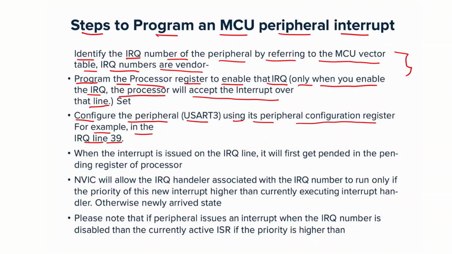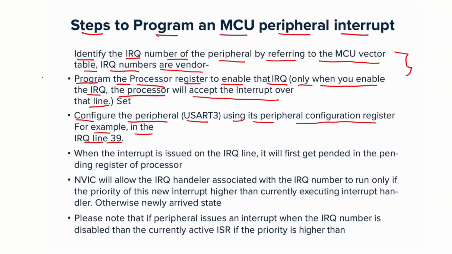We will simply manually trigger one interrupt from the UART3 by pending the bit at the NVIC register. I will show you that in the program, then you will get a clear idea. Simply remember, you are not going to configure any UART3 configuration register, you are manually triggering an interrupt from the UART3.